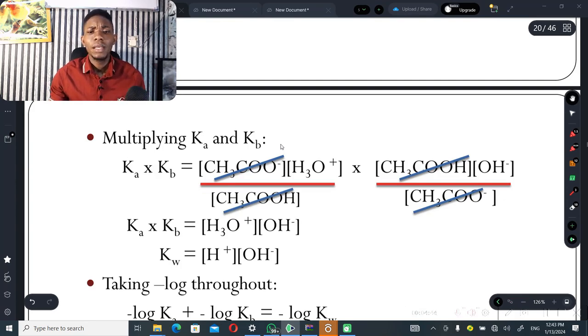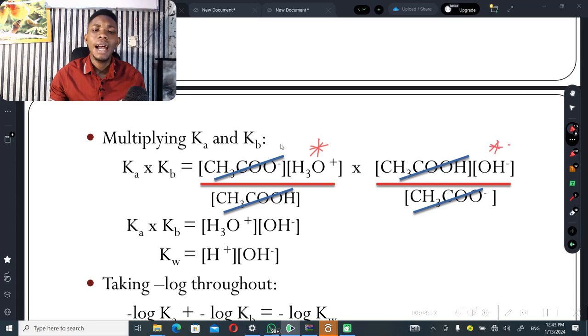Now when you multiply them, ethanoic acid will cancel ethanoic acid. Acetate will cancel acetate. So what are we left with? We are left with hydronium ion and hydroxide ion. So you can now see that Ka times Kb is equal to hydronium ion times hydroxide ion. Of course, we also postulated earlier on that our Kw is equal to hydrogen ion multiplied by hydroxide ion.